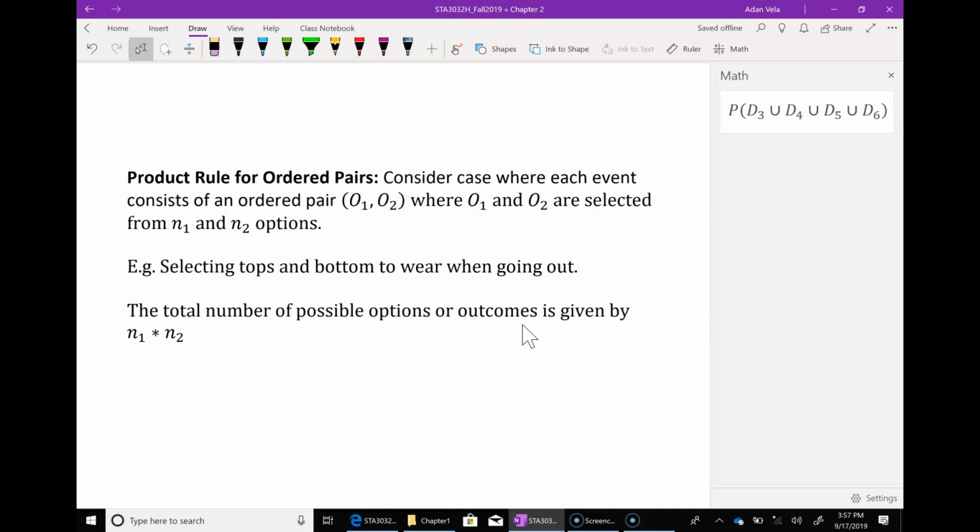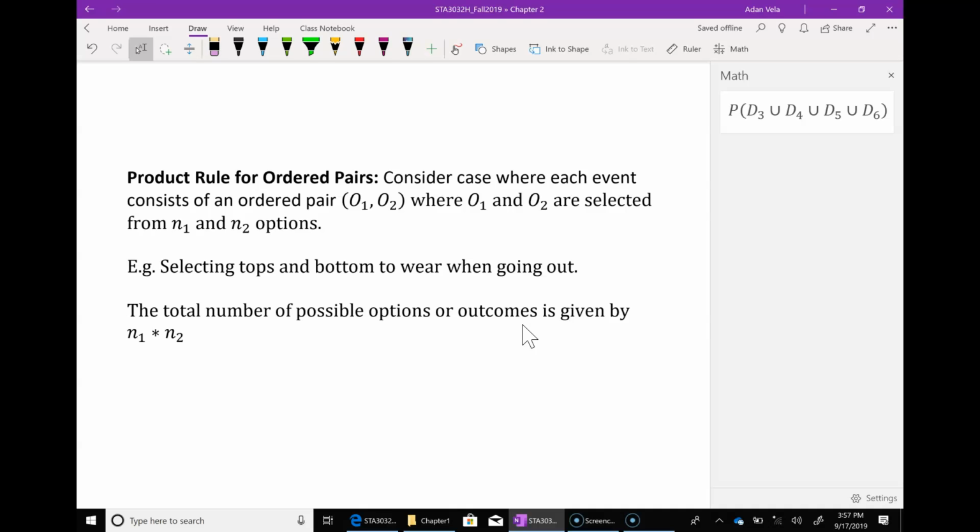Maybe it's rolling the first die and the second die. The first ordered event might have N1 options, while the second ordered event has N2 options. So the total number of possible combinations, or outcomes, is just N1 times N2.